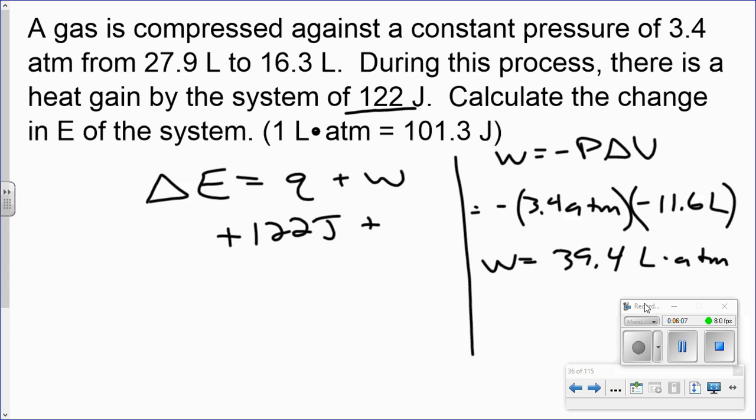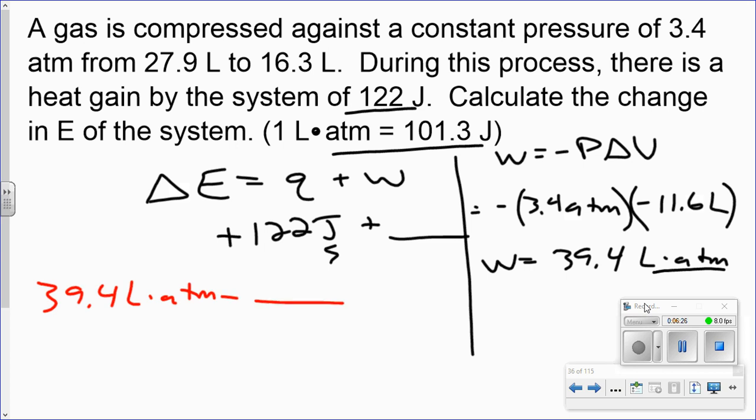So now that we have liters atmospheres, of course, I have to plug that number in here, but liters atmospheres of work doesn't match joules. So we need to use this conversion right here before we plug into that line. So let me just switch colors here. So we have 39.4 liters atmospheres of work, and I see that the conversion is simply 1 liter atmosphere is equal to 101.3 joules.